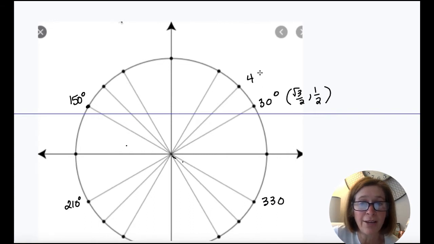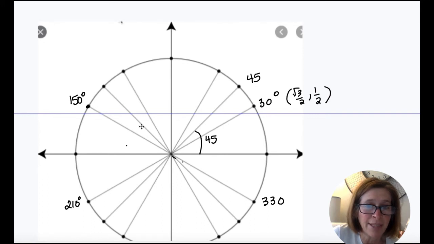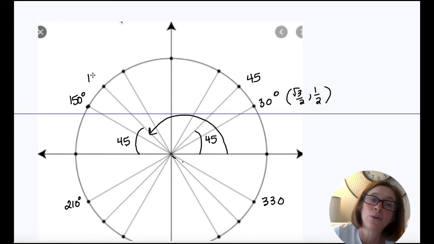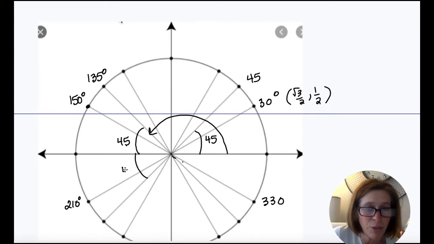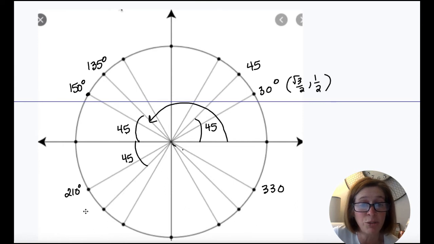Okay, 45. So 45 is the reference angle now, which means it refers to this angle right here. But the angle measure from standard position I'd be looking for would be 135 degrees, because 180 minus 45. If I'm here, this is the 45 degree angle, I would be doing 180 plus 45, which would give me 225.